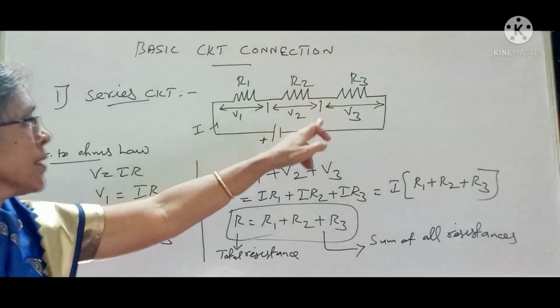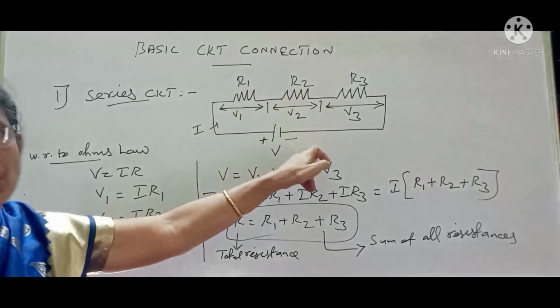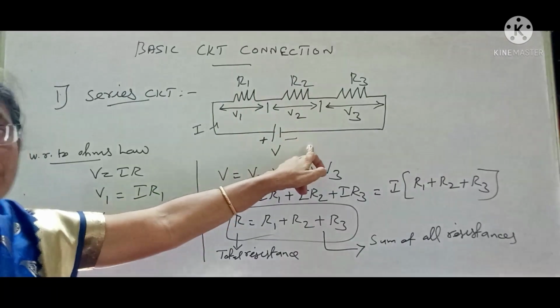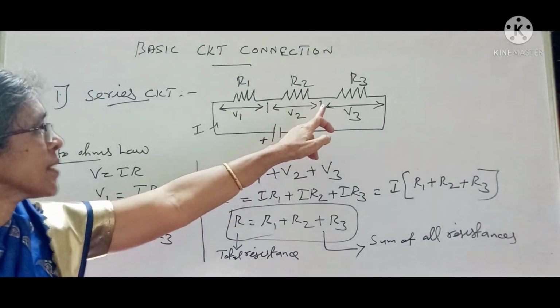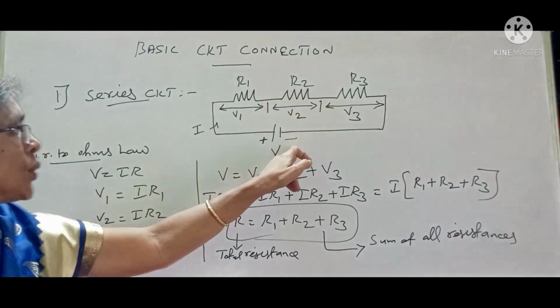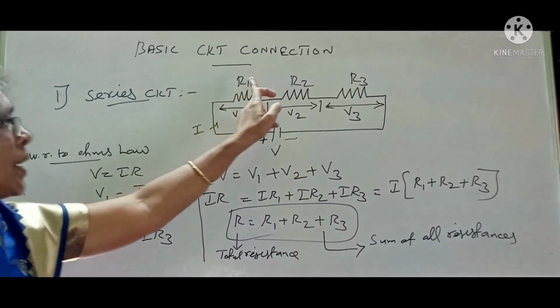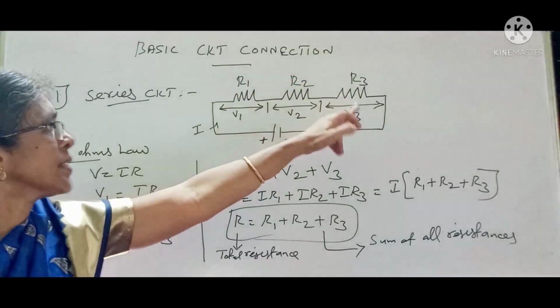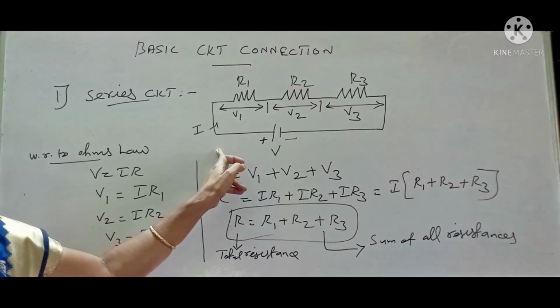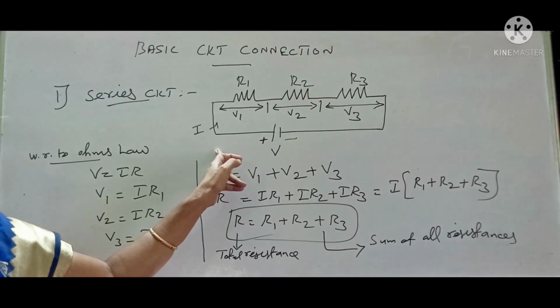The circuit is connected in a closed form. Three resistors are connected one by one to the battery V, and the current I flows through them. This is the basic series circuit.